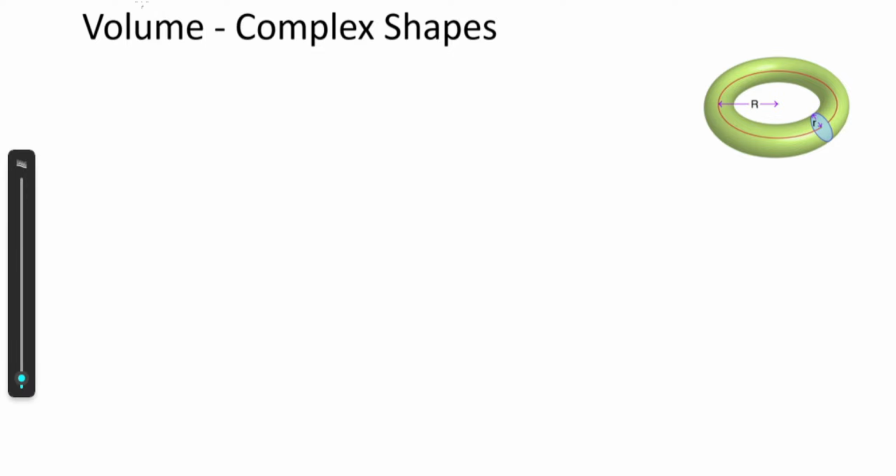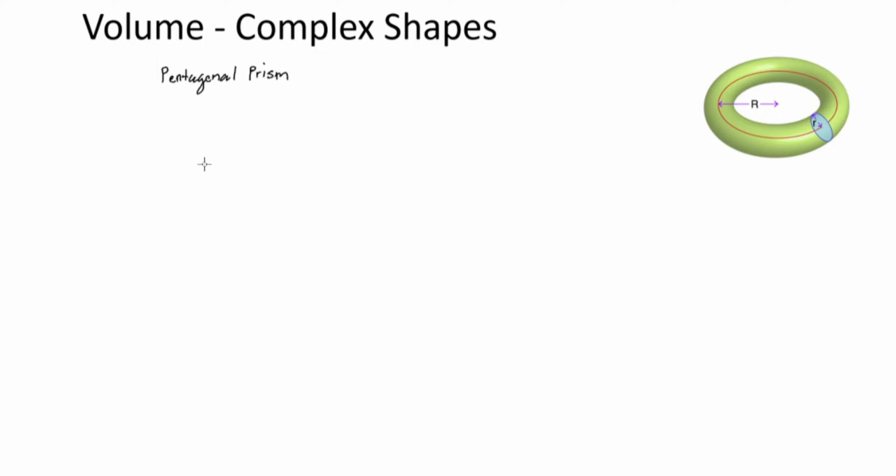So let's go over pentagonal, hexagonal, and octagonal prisms. So what does a pentagonal prism look like? A pentagonal prism can look like a various number of things, but typically we could see it like kind of a rectangular prism.